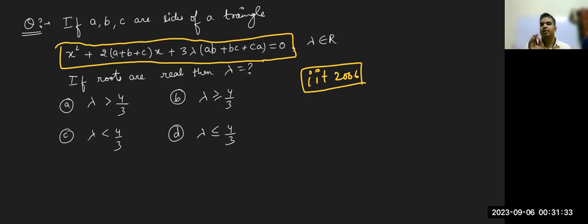That means the discriminant has to be greater than or equal to 0. This we have studied in class 10th. And it also says that a, b, c are the sides of a triangle. How can we use these two conditions to solve this equation? So let's start with our video.